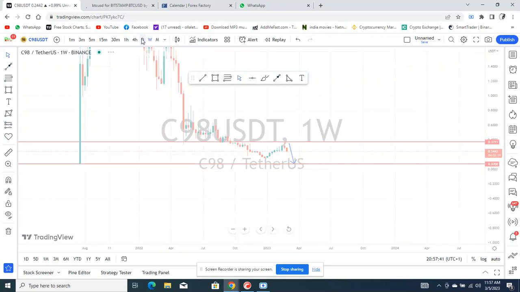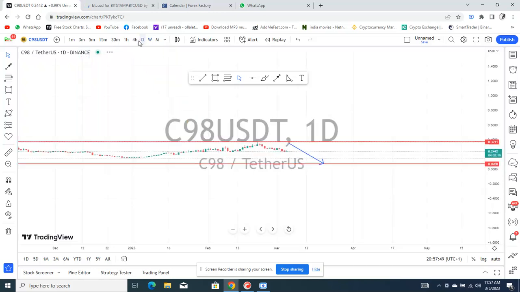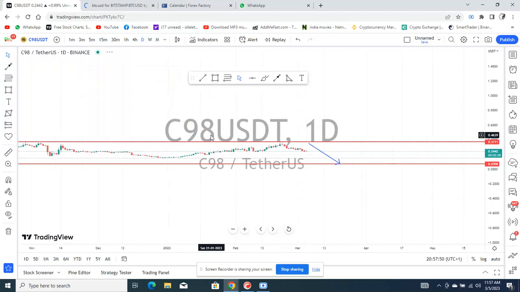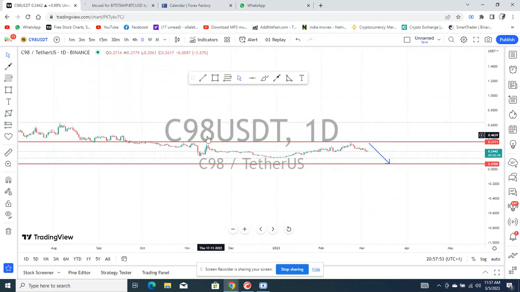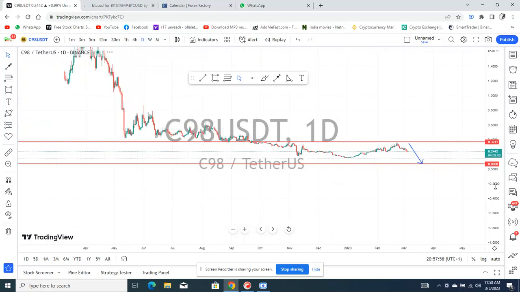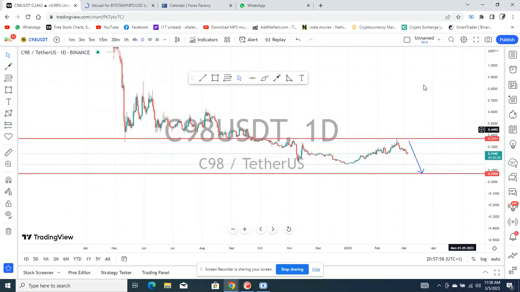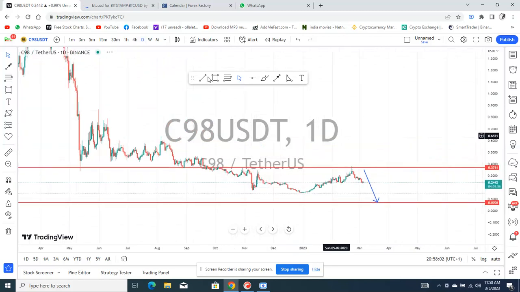On the daily time frame, though we see the market in a different way, I need to put a lot of things into consideration before I can say I'm going to sell.